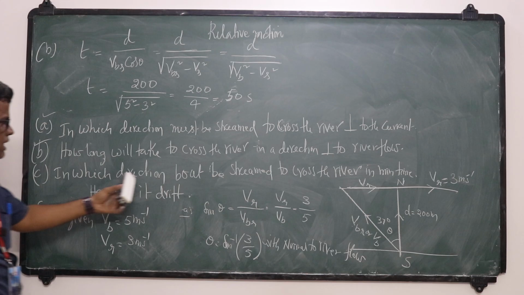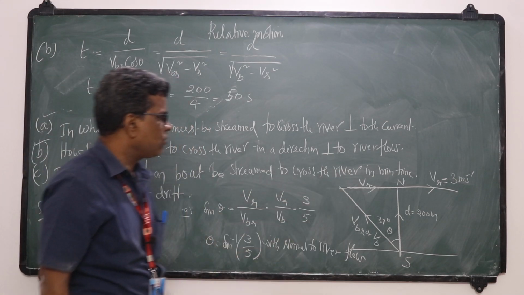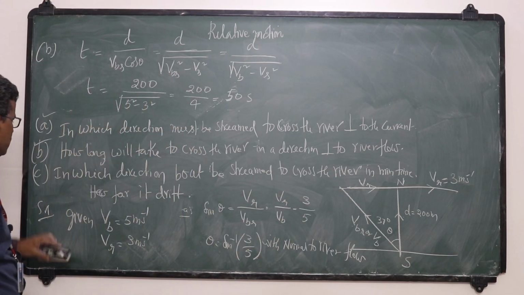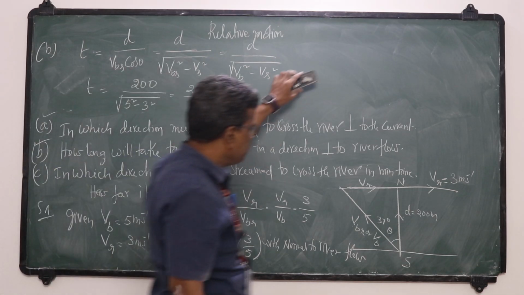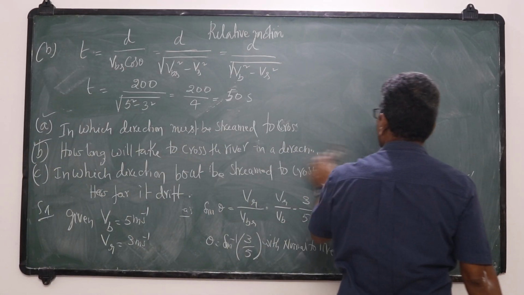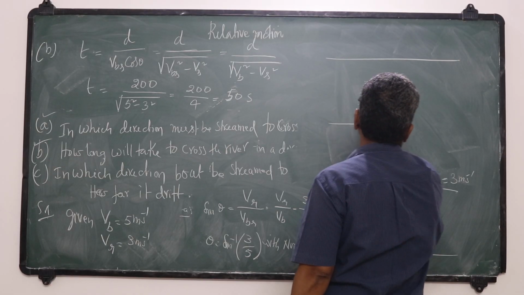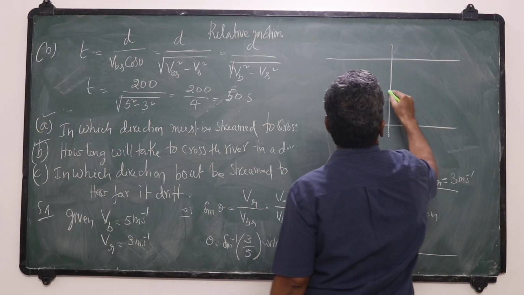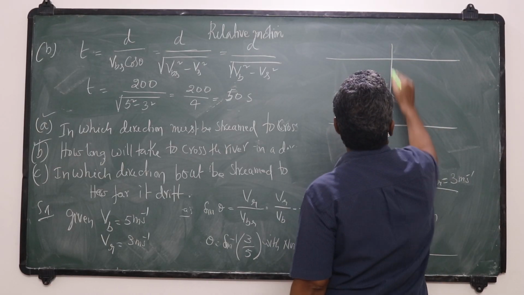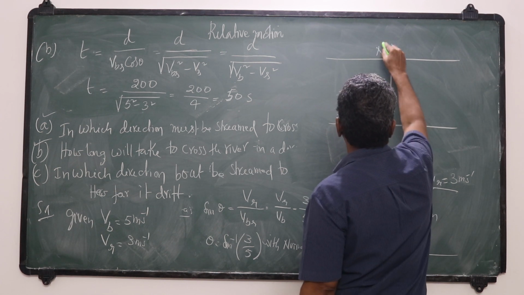That is the answer for the second one. Next, in which direction must the boat be steered to cross the river in minimum time? I will draw this diagram. To cross in minimum time, the boat should be rowed in this direction, south to north.